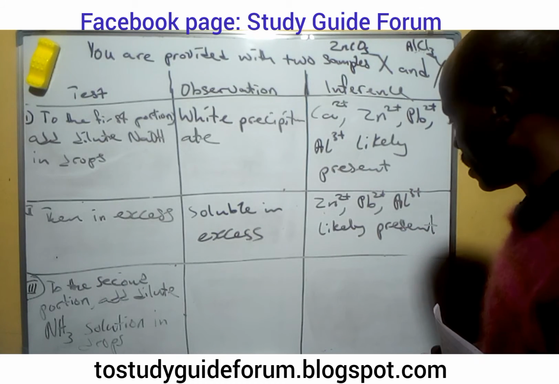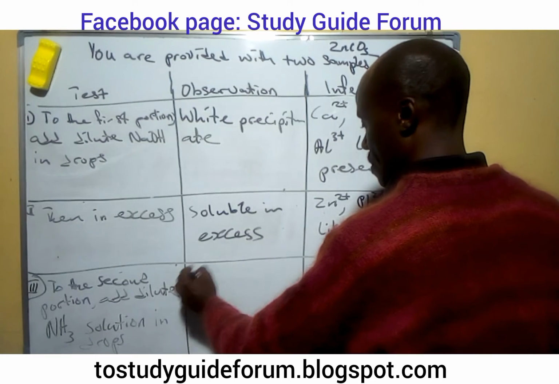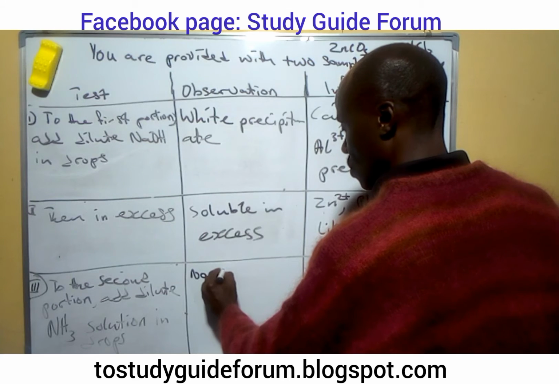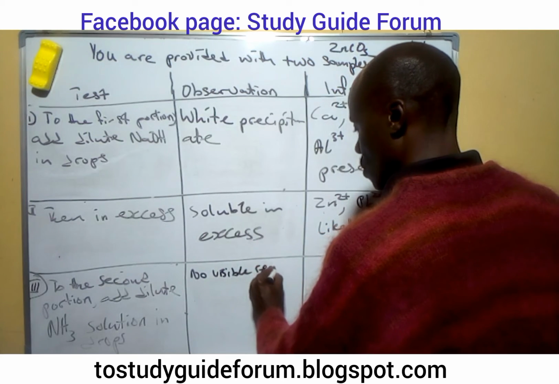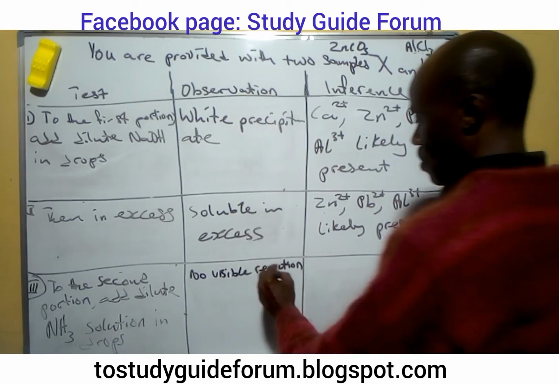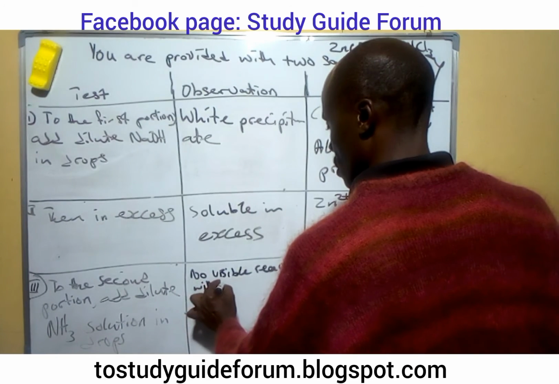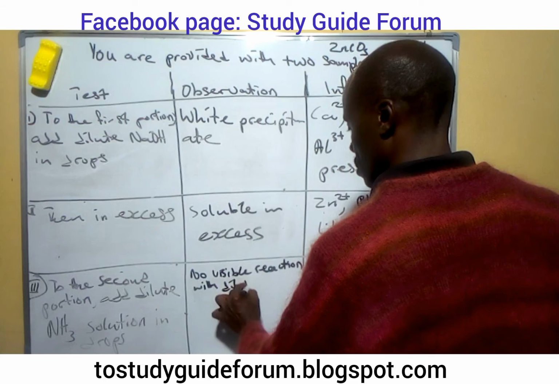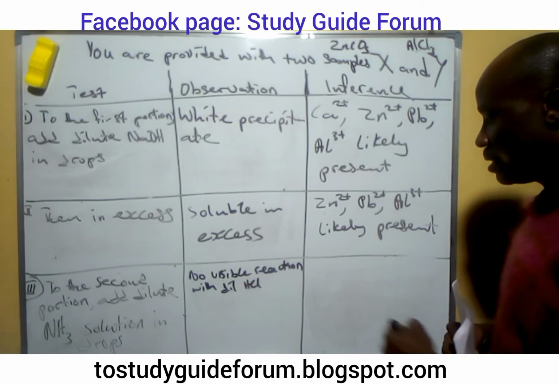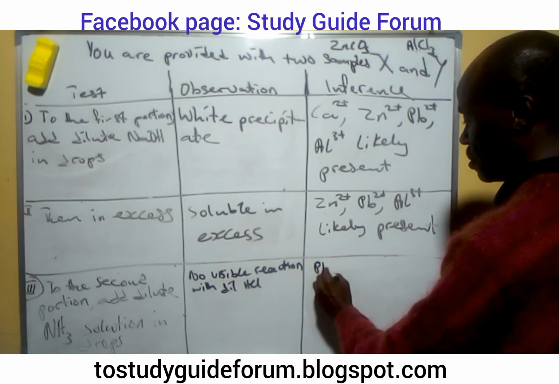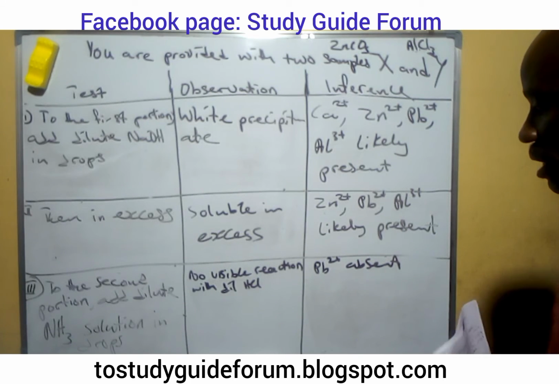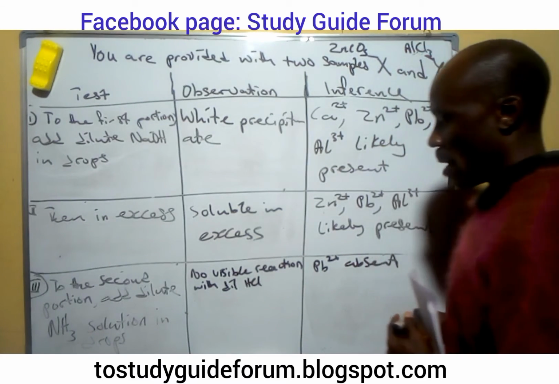When you add dilute hydrochloric acid, what you notice is that there will be no visible reaction, meaning that lead is absent.